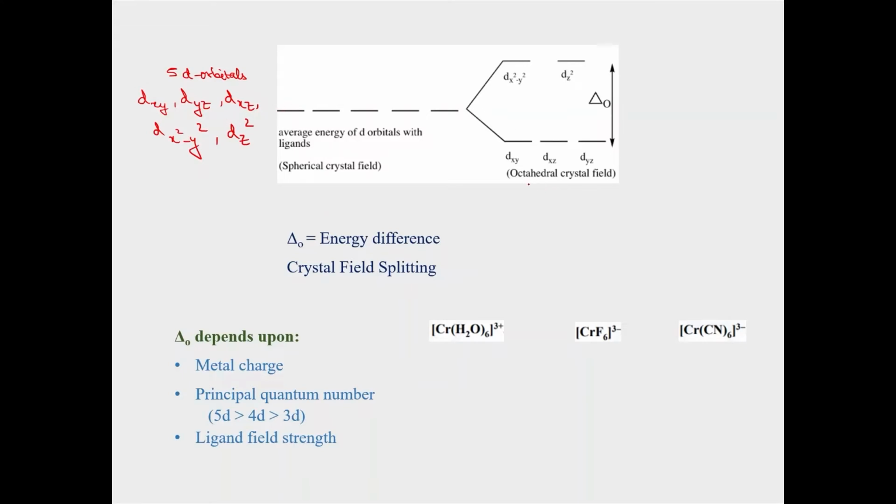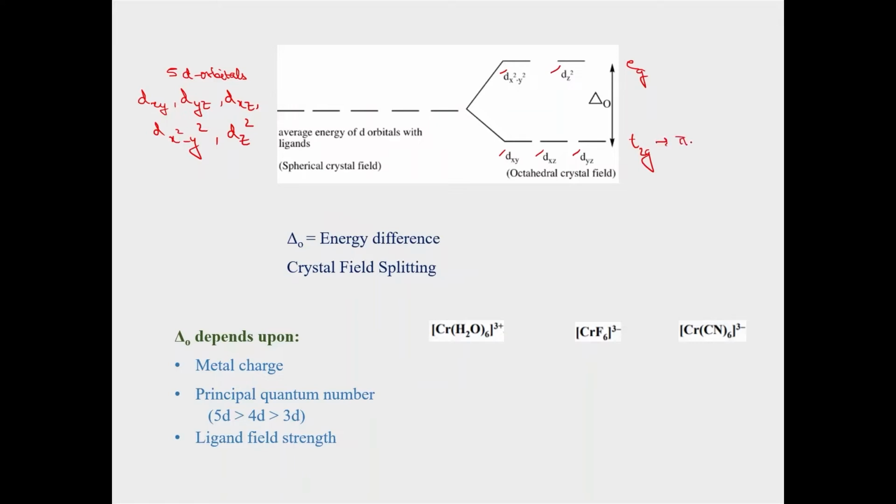But in an octahedral crystal field, this degenerate set of orbitals will split into two sets, T2g and Eg. T2g will have dxy, dxz and dyz, whereas Eg consists of dx square minus y square and dz square.